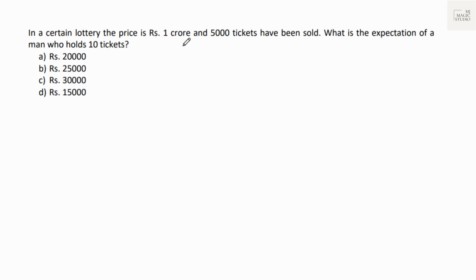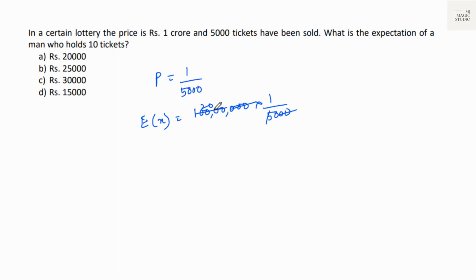In a certain lottery, the prize is 1 crore and 5,000 tickets have been sold. That means the probability that you will win is 1 by 5,000. What is the expectation of a man who holds 10 tickets? The expectation of a man who is holding 1 ticket is simply 1 crore into 1 by 5,000.